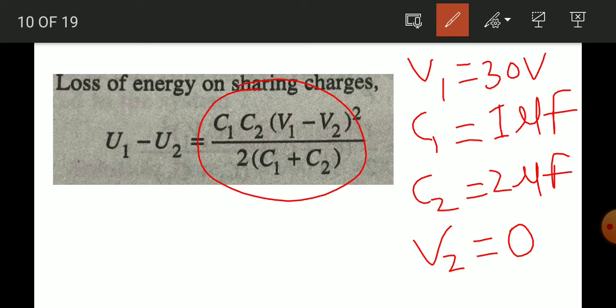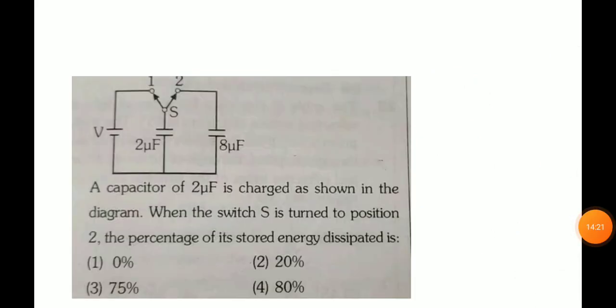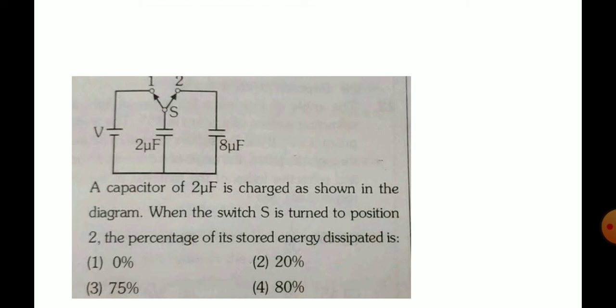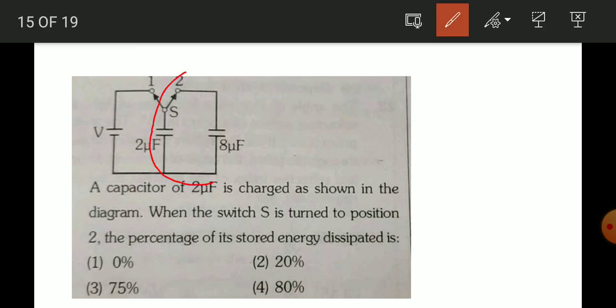But before that, let me show you one more type of numerical based on this topic. This is also related to loss in energy. As you can see here, there is a switch connected to the battery in position 1. A 2 microfarad capacitor will be charged, and then if we change the position of the switch and connect it in second position, the 2 microfarad will get connected with an 8 microfarad capacitor, and in that case there will be loss in the energy.